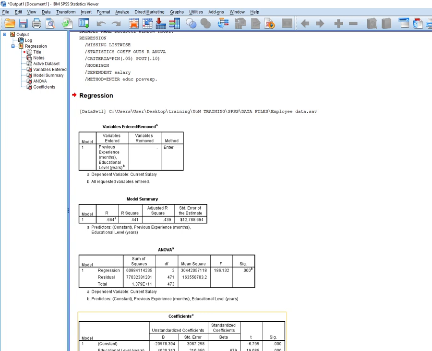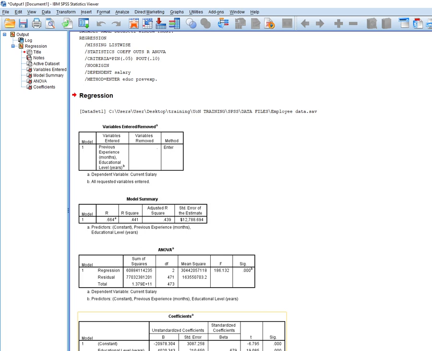What we're just trying to say is what percentage of change in your y, which is the dependent variable, is as a result of changes in your independent variables.